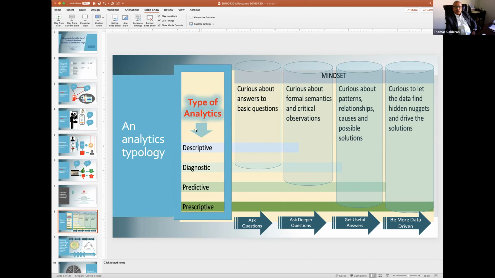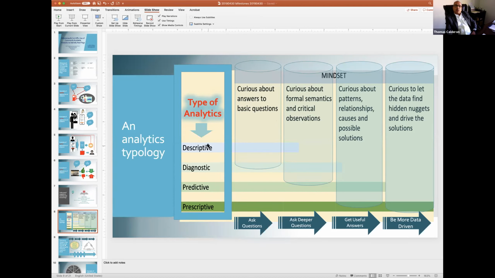Analytics could be descriptive, diagnostic, predictive, or prescriptive. In fact, the analytics tools that are available these days could help with practically every one of those functions: describe, diagnose, predict, and prescribe.